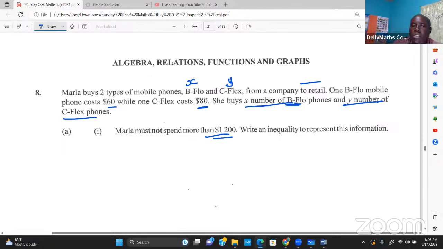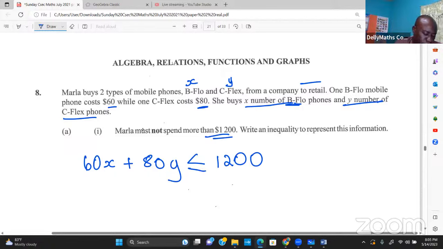So you're putting it together based on the price: $60 of the X ones plus $80 of the Y ones. That amount of money I spend must be less than, or could be equal to, the money that I have. So that's the inequality right there.